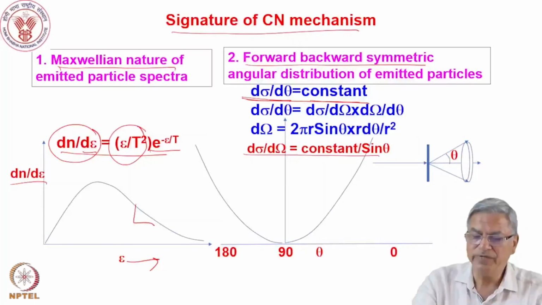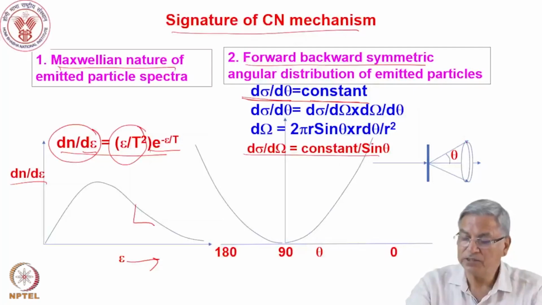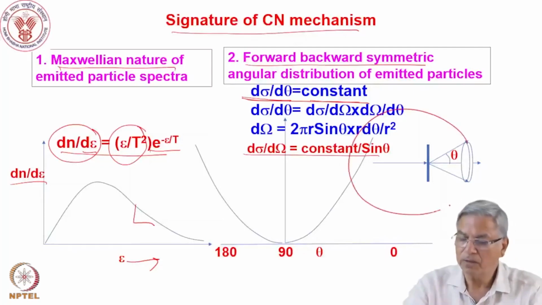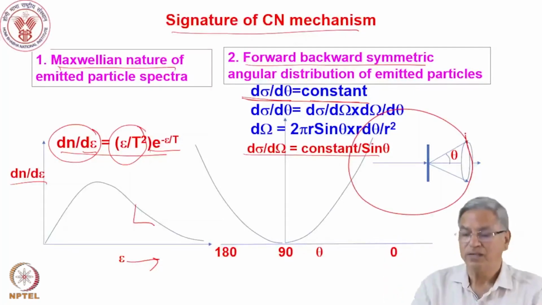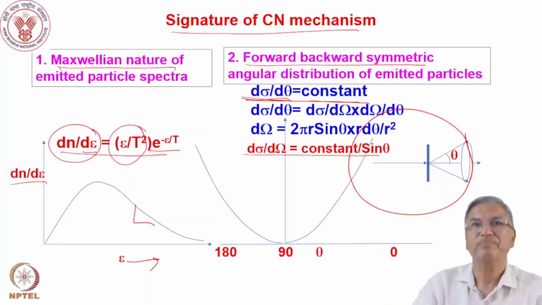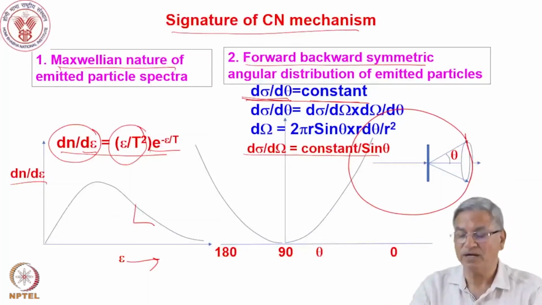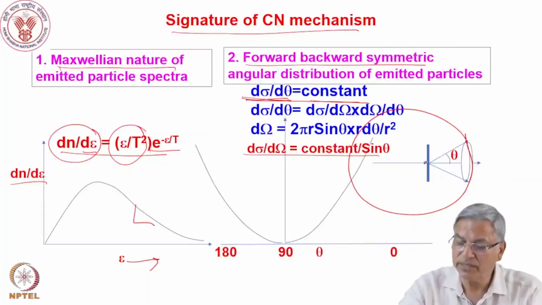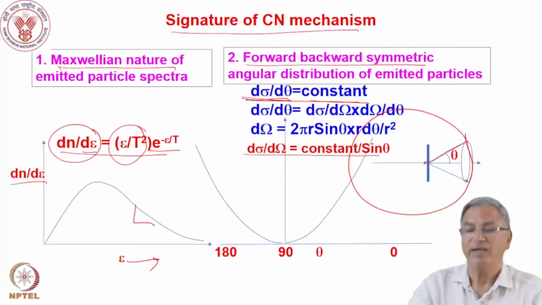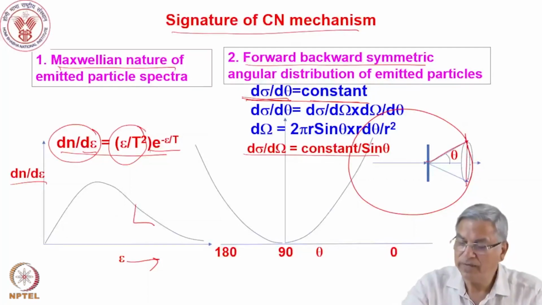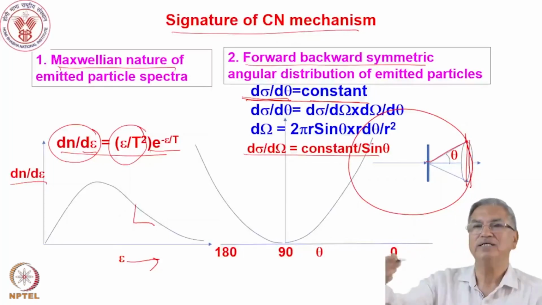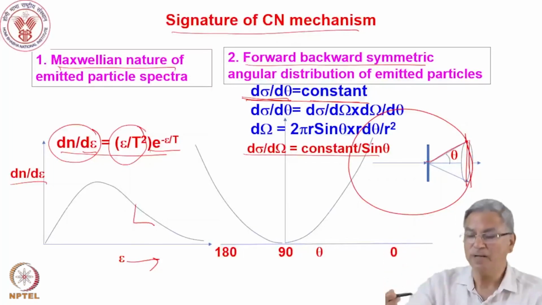Here, this is a sphere. At any theta, the cross section is the same, d sigma by d theta. So let us take a particular theta here, and at this theta you have a disk. So that is a disk of the same theta.